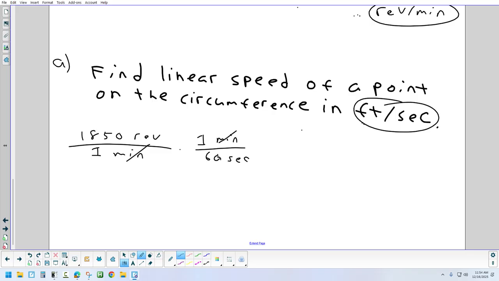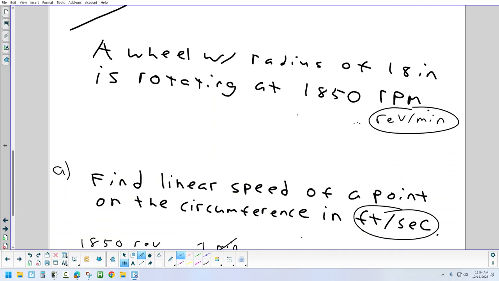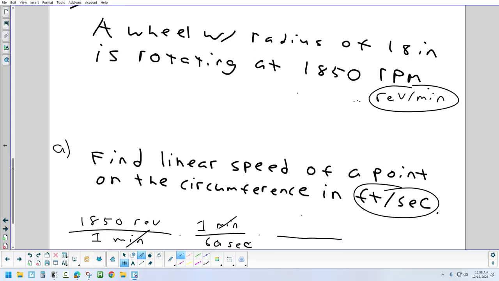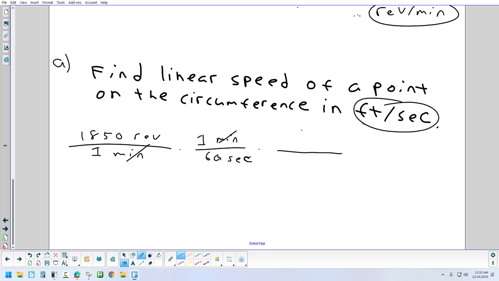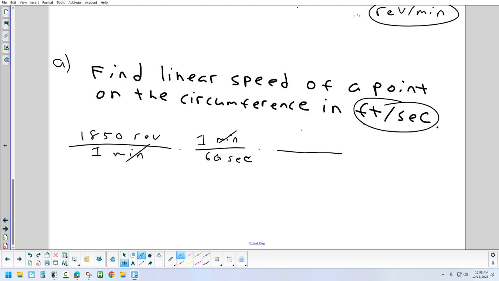Okay, so now you've got revolutions per second, but they want feet per second. Now, feet is ultimately what they want, but what did they give me for a length unit in this problem? 18 inches. They gave me 18 inches, so I can go to inches first because they gave me inches, and then I can go inches to feet. Right, so let's start with that. We're going to try to get rid of revolutions now, and we're going to change to inches. So where would revolutions go in the fraction?